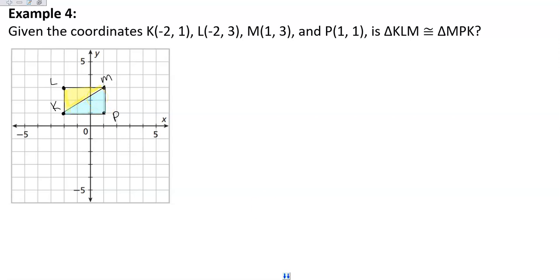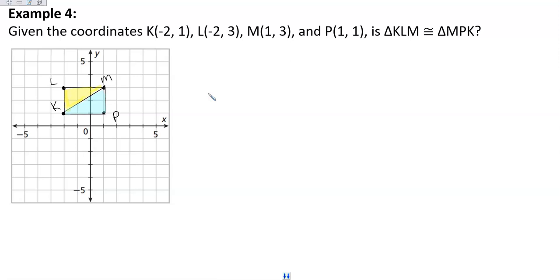So the first thing we're going to look at is that to show triangles are congruent, we have a couple of ways that we can do that. We have side, side, side, side, angle, side, angle, angle, side, angle, side, angle, and HL. Okay? So in order to show those, we're going to either use side, side, side.